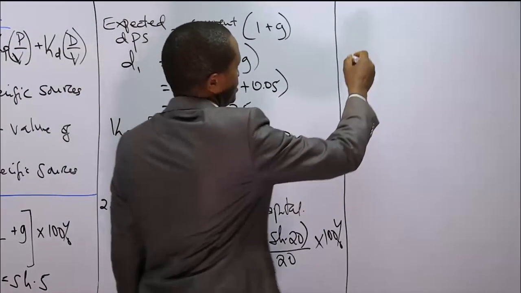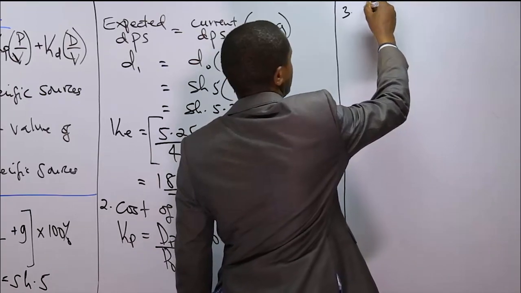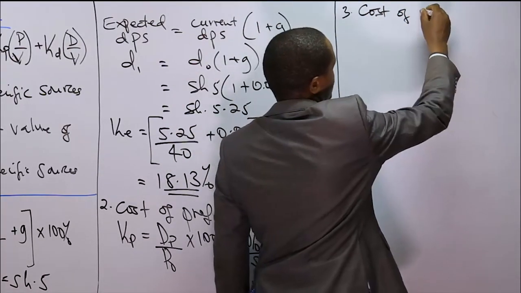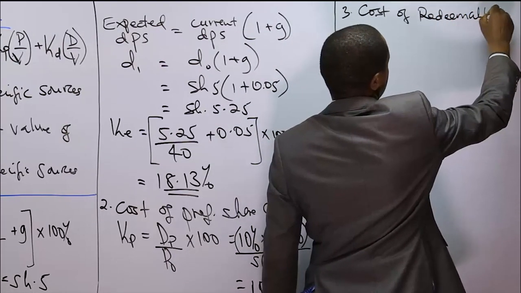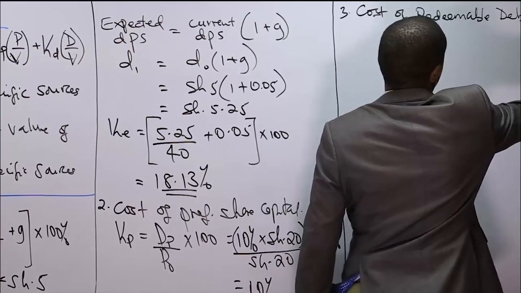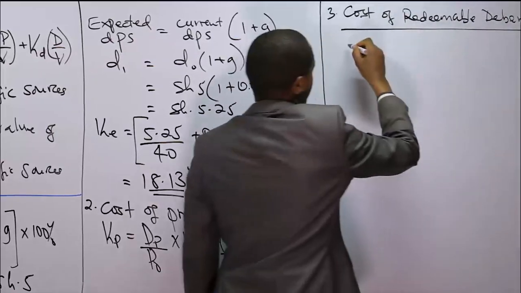So the third, this is number 3, we are talking about the cost of redeemable debentures, KD.